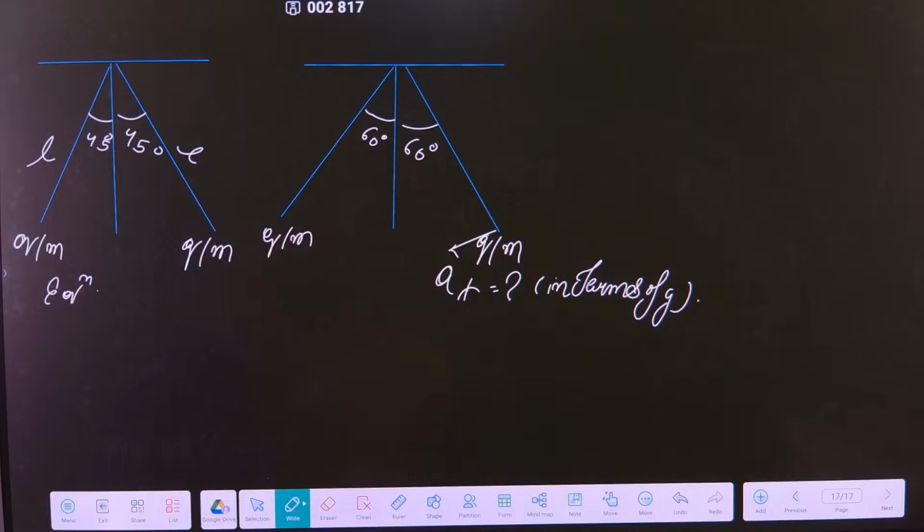Just try this, apply all your concepts, whatever you know, and try to solve it. You have to find the tangential acceleration in terms of g. If you know vectors, if you know how to take the components, you can easily solve it.